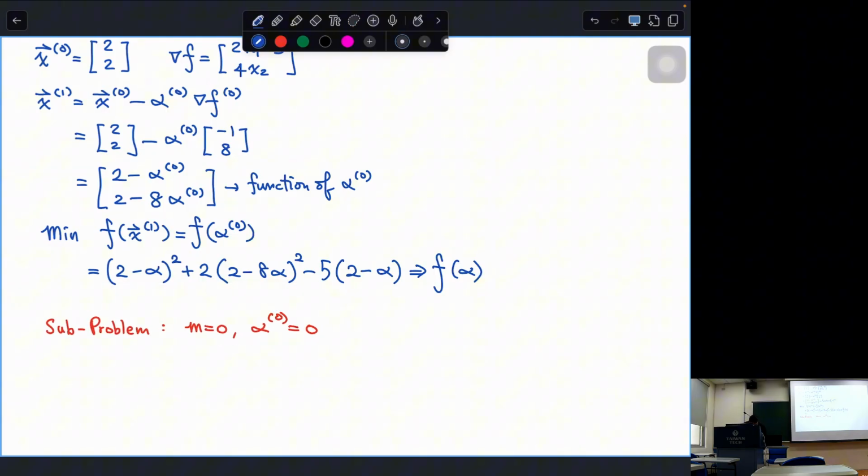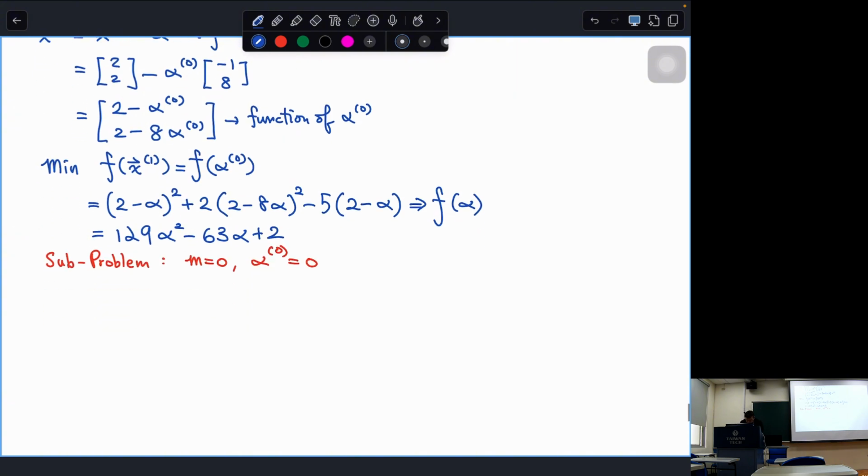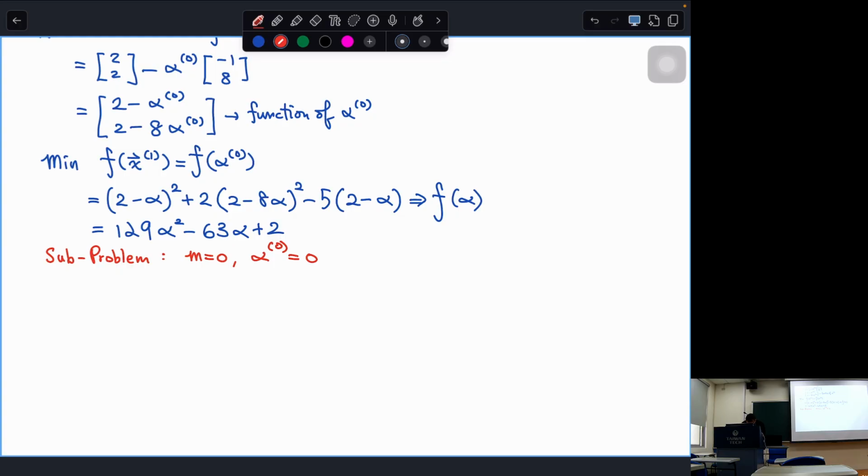So this would be 129 alpha squared minus 63 alpha plus 2, if you derive it. That's f of alpha. Okay? So now, from here I know my f prime of alpha equals 258 alpha minus 63. F double prime of alpha is 258.